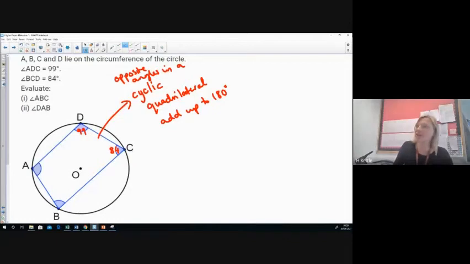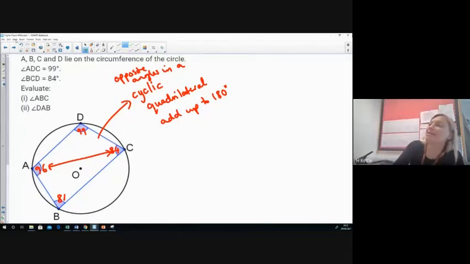So we're now being asked for ABC, and we're being asked for DAB. So let's give both of those. We know that if the angle at C is 84, then this one is 96, because we're taking it away from 180. These two together need to make 180. And then if D, the angle at the top, is 99, this one is 81. And that's it. Opposite angles in a cyclic quadrilateral add up to make 180.